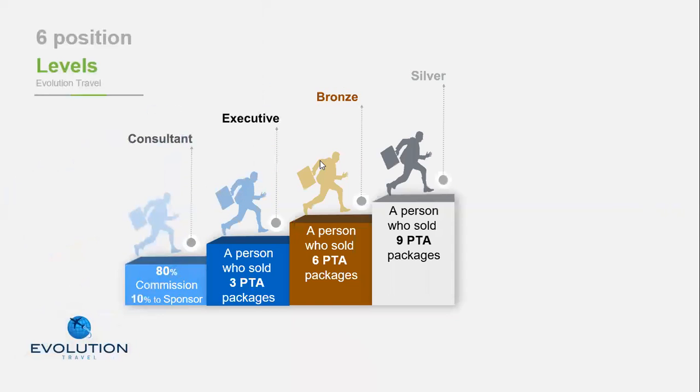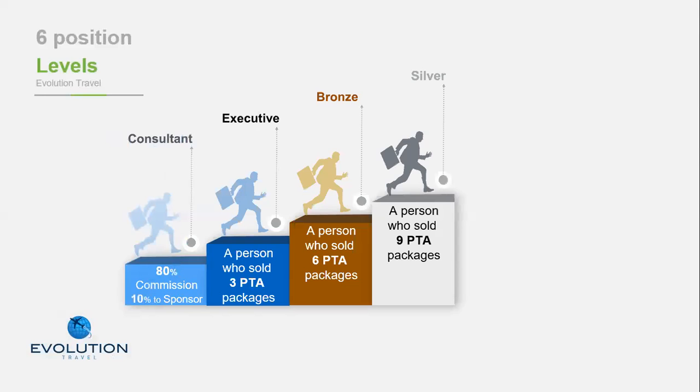I apologize. Okay, here we go. All right. So the first level is consultant. When you first sign up, of course, when you book vacations, 80% commission goes to the travel agent, 10% goes to the sponsor. The next level is the executive, a person who has booked 3 professional travel agent packages.